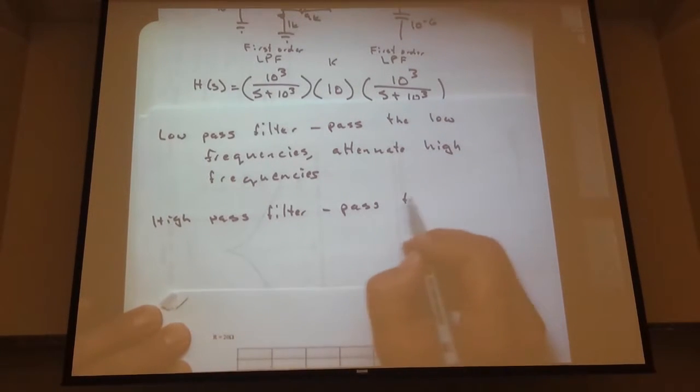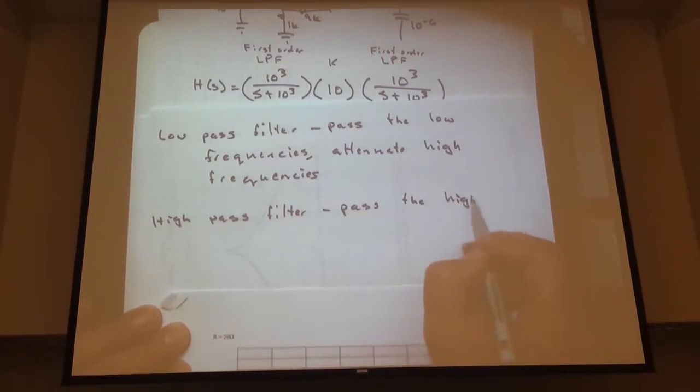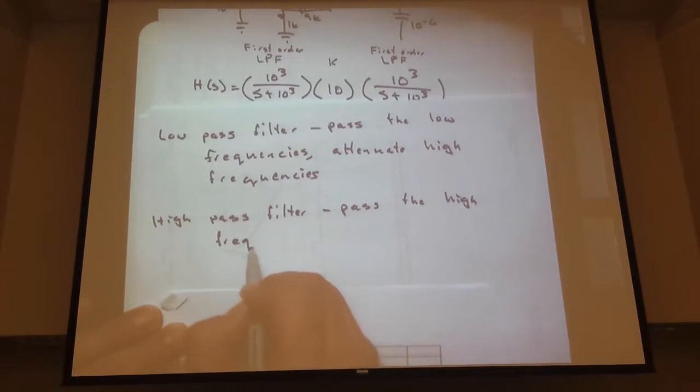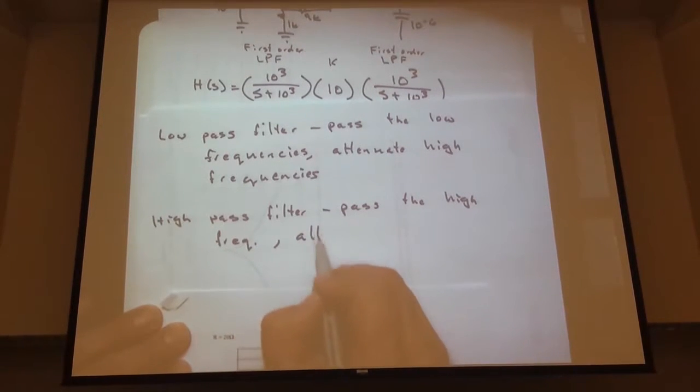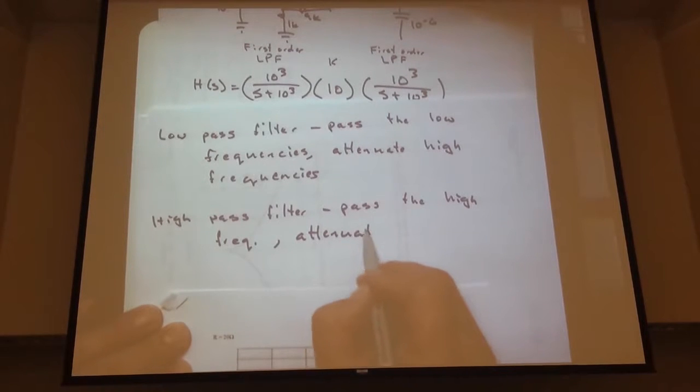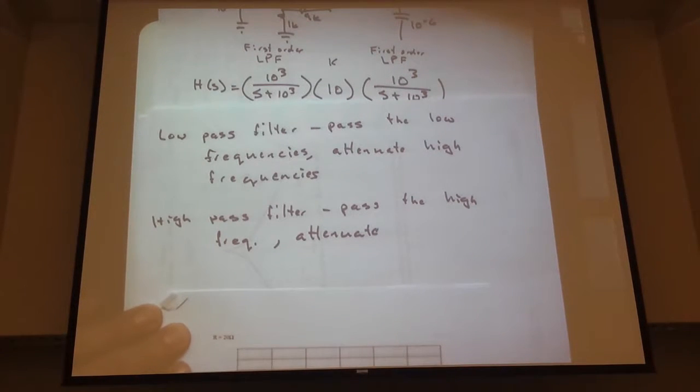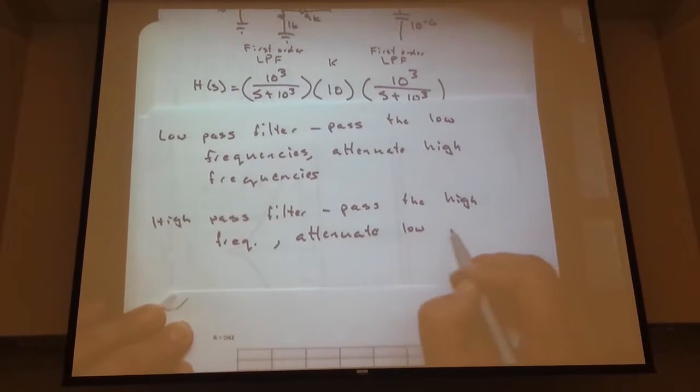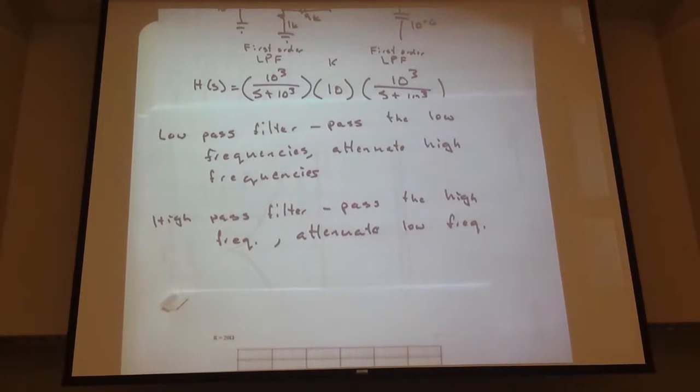Pass the high frequencies and attenuate or stop. I mean, attenuate and stop are used synonymously here, because we call that the stop band. Low frequencies. And we'll put this aside because we'll look at 2 other filters today as well. So it's worth bringing up, and we're going to revisit that anyway.